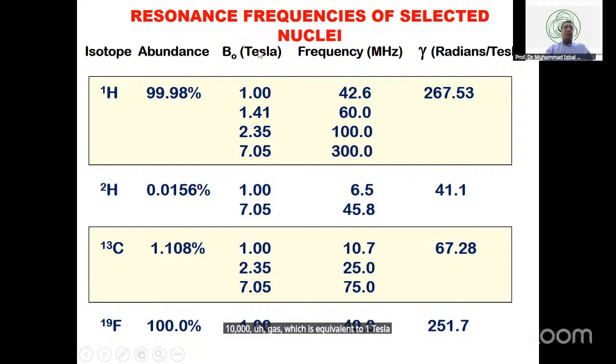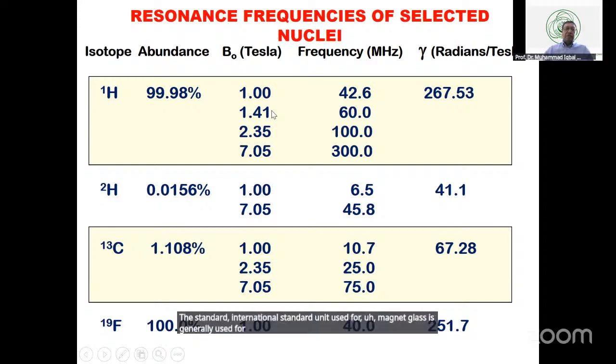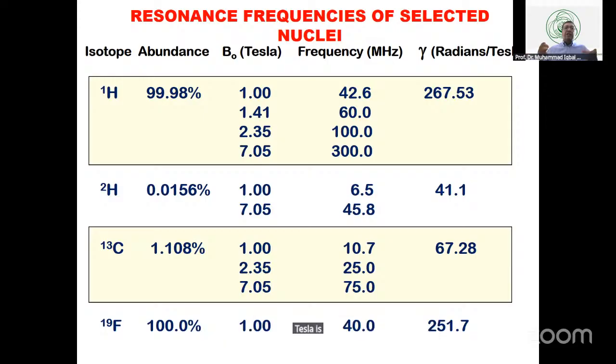So forget it, because Tesla is the international standard unit used for magnets. Gauss is generally used for weaker fields; Tesla is much larger, Gauss is much smaller. 10,000 Gauss is equivalent to 1 Tesla.